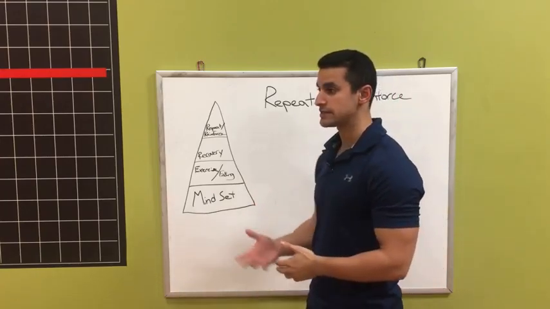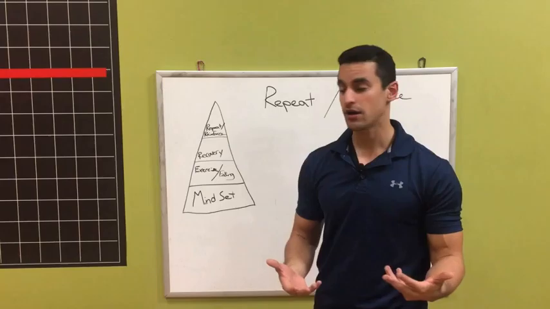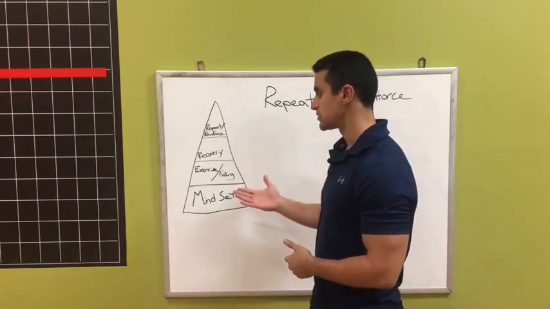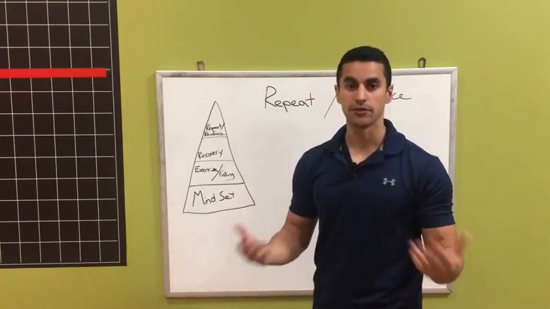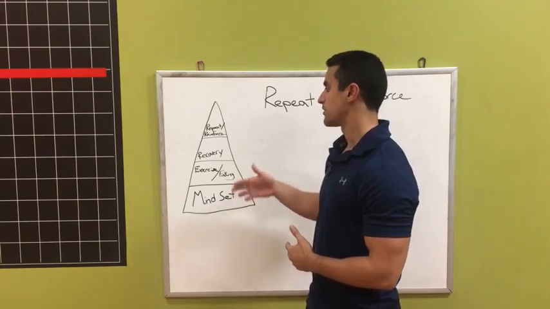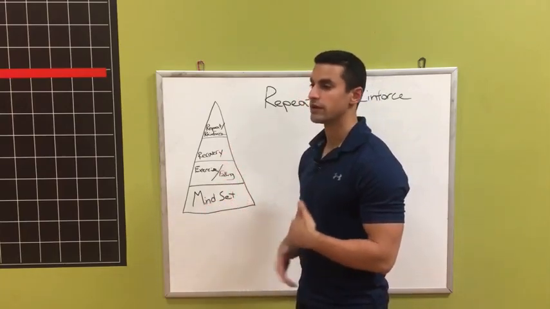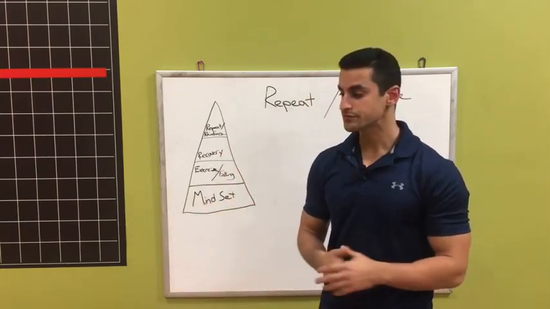Then we'll go back to mindset. Maybe there's something that we can improve there. Go back to our exercise, try to figure out a variable that we can play with there. Same thing with our eating, same thing with our recovery, and then we'll just repeat that cycle.